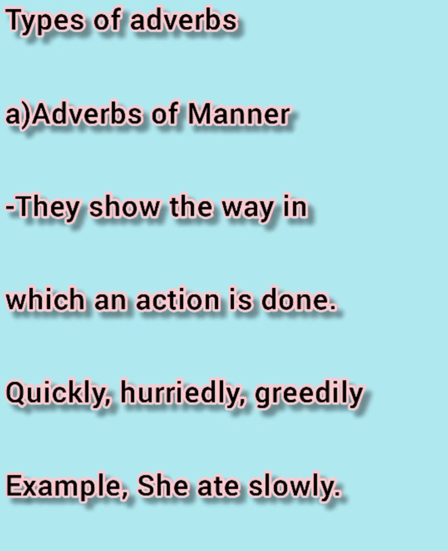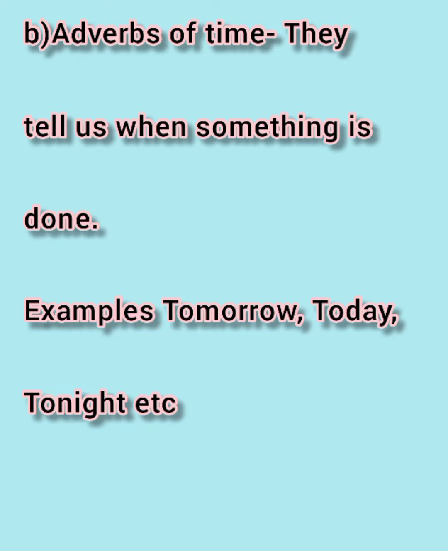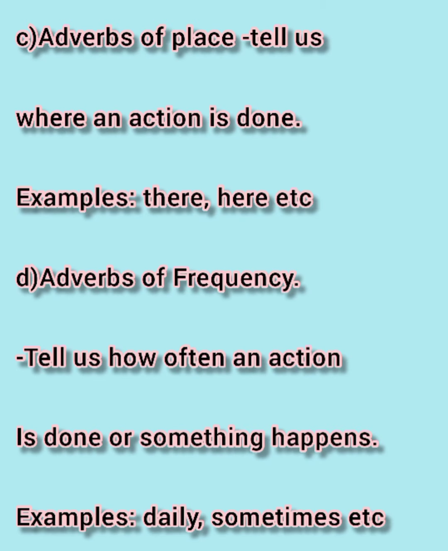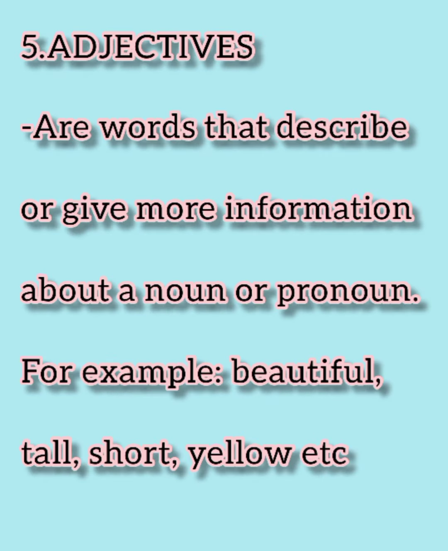Other adverb is the adverb of time, which tells us when something is done. Our other adverb is the adverb of place, which tells us where an action is done. And lastly, adverbs of frequency, which tell us how often an action is done or something happens.